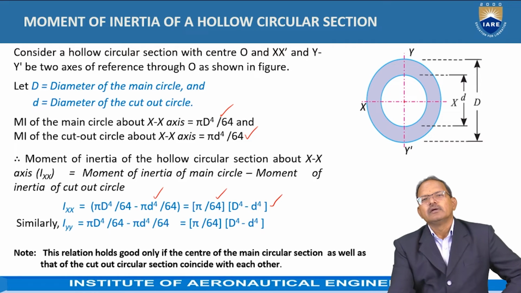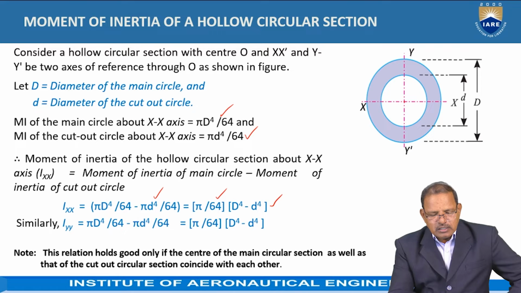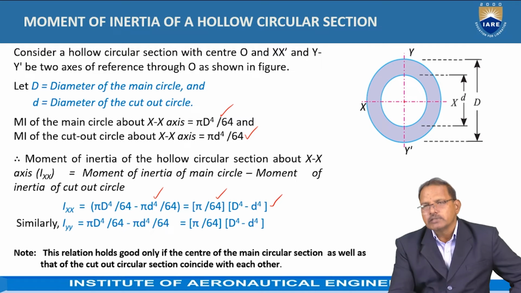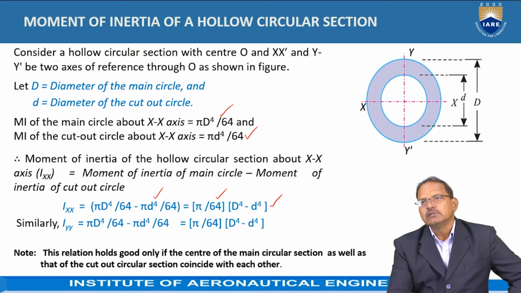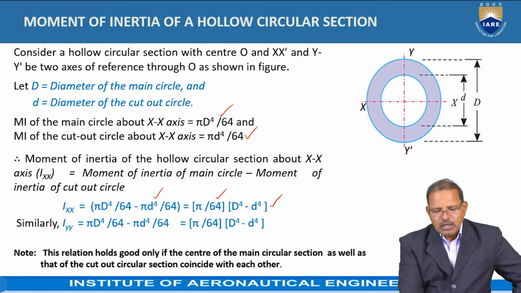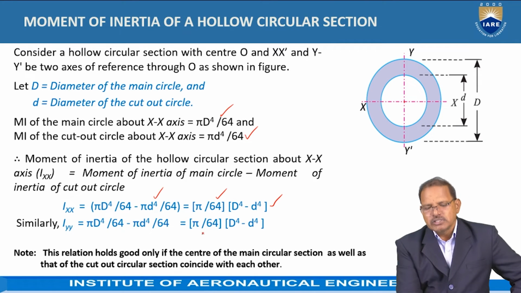Similarly, I_y is the moment of inertia possessed by the hollow circular section about the y-axis. Since the object is symmetrical about the x-axis and the y-axis, we have I_x is equal to I_y. So by using the relations, I_y is equal to π by 64 into capital D to the power of 4 minus small d to the power of 4 now.